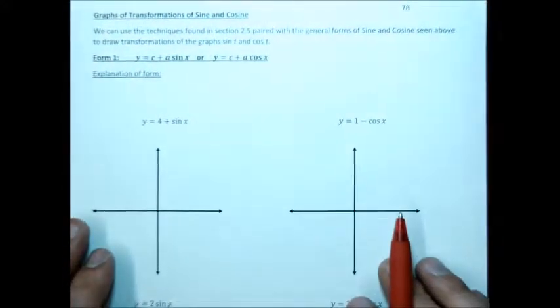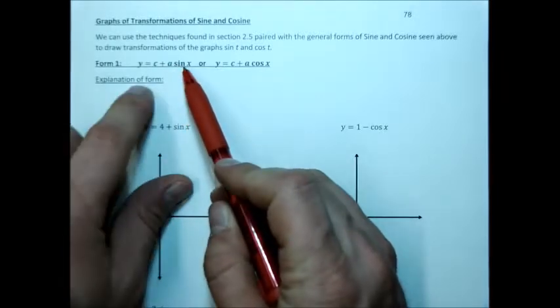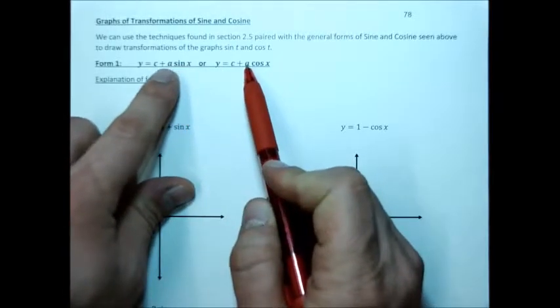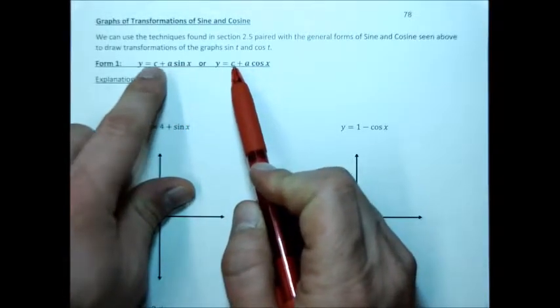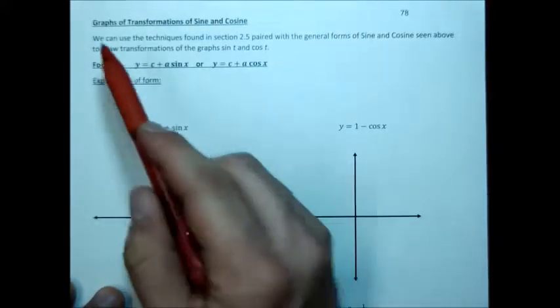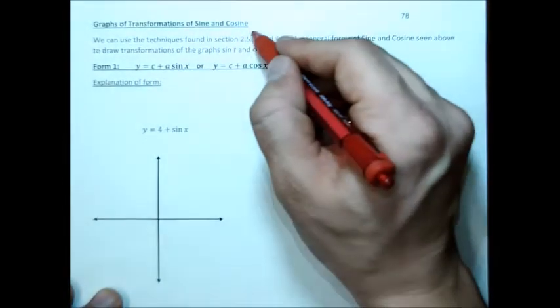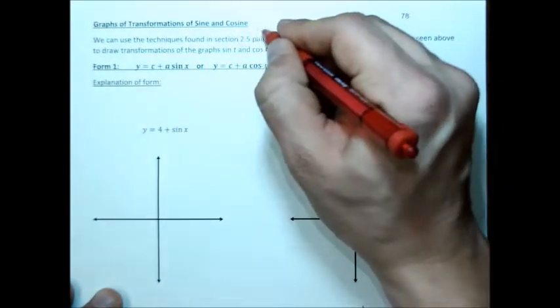So the first form we're going to look at is kind of the simplest form. And so you can see that we are not just taking sine and cosine, but we're multiplying them by a number, a, and we're adding a number on the outside. Okay, and so when we're thinking about looking at that, we can use the techniques found in section 2.5. And when I say section 2.5, I mean the transformation section.